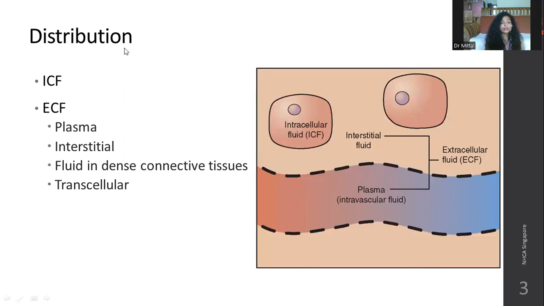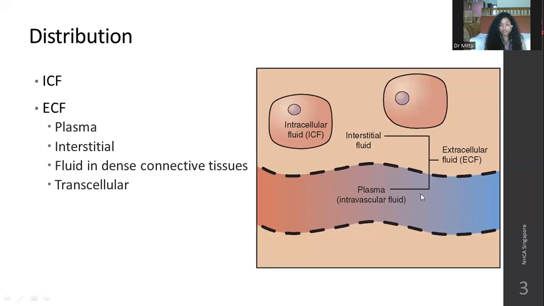So intracellular fluid we have discussed: fluid which is found inside the cell. With this diagram, it is much easier for you to understand. ECF, extracellular fluid. You can see two cells, and between them there are different forms of extracellular fluid. One is what we discussed as plasma, which is found inside the blood vessels, circulating in the form of blood.